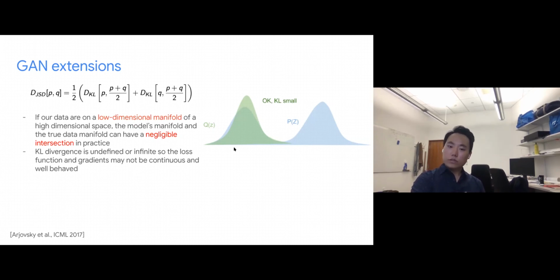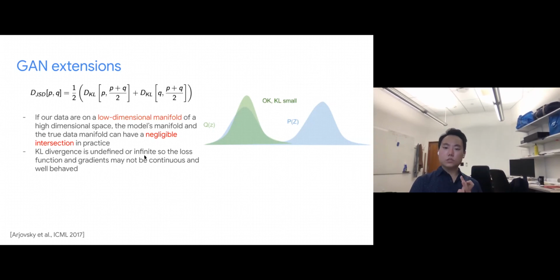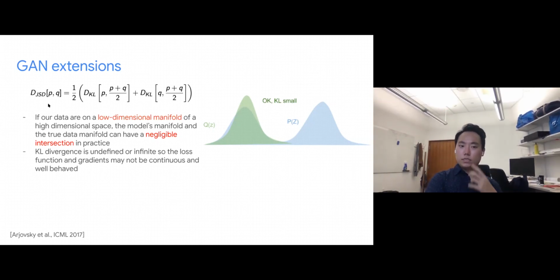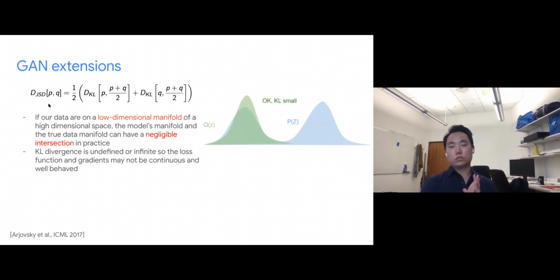And at regions where they're negligible, the KL divergence is either undefined or infinite, or it can even be 0. So that makes it really hard to optimize for Jensen-Shannon divergence as a metric between 2 distributions, your data distribution and your model distribution.